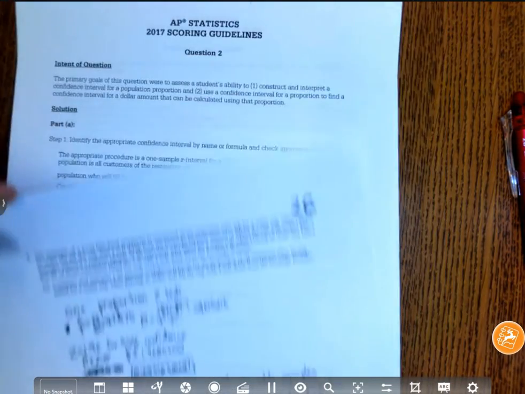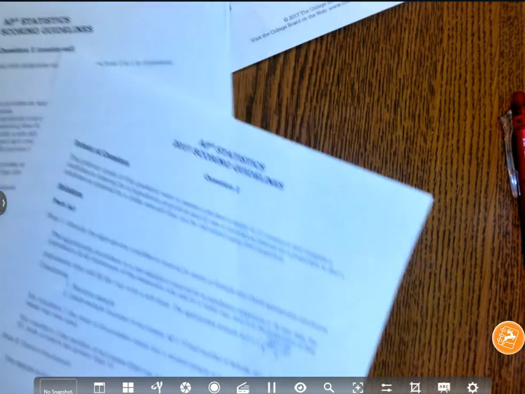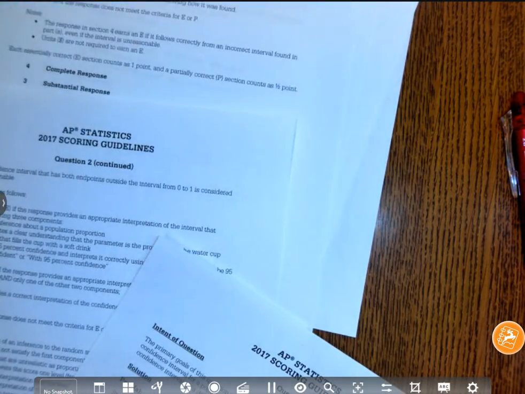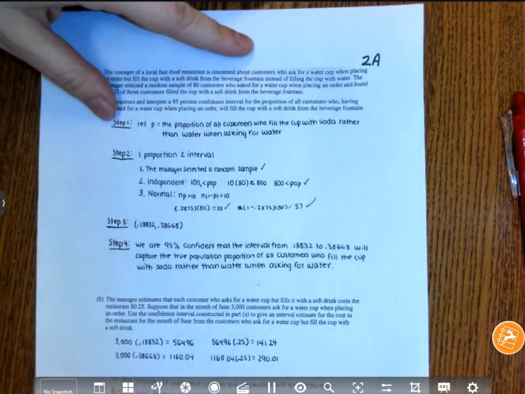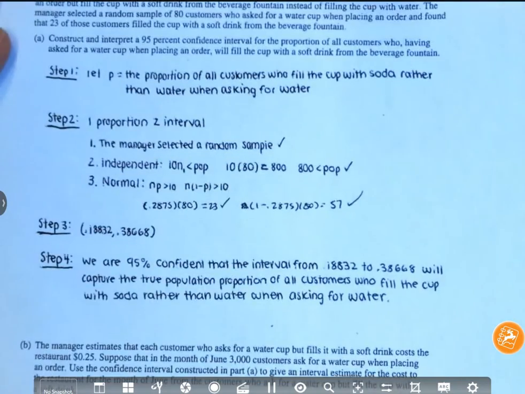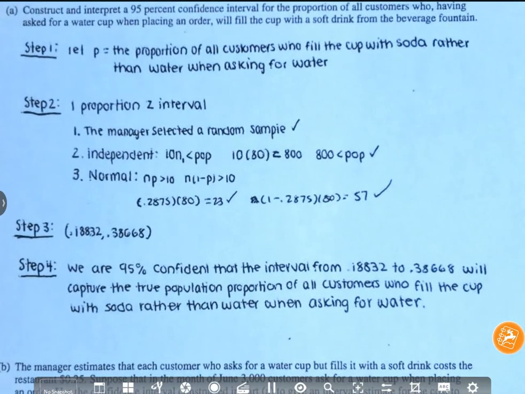Okay, let's take a look at another one. Do I want B or A to look at? I think I like A, if I can find where I put it. Too many pages. Here it is. Okay, here's another one. No, it is not graded on handwriting. Wouldn't that be fun? Looks like they were writing on lined paper. It's so clear.